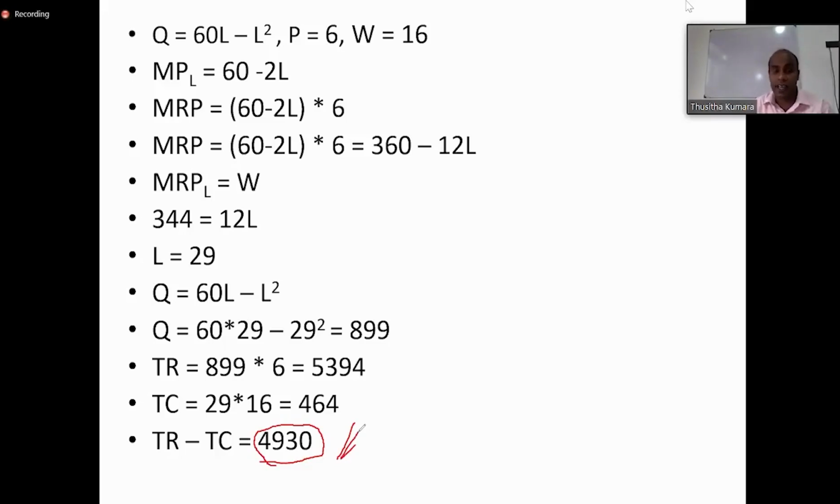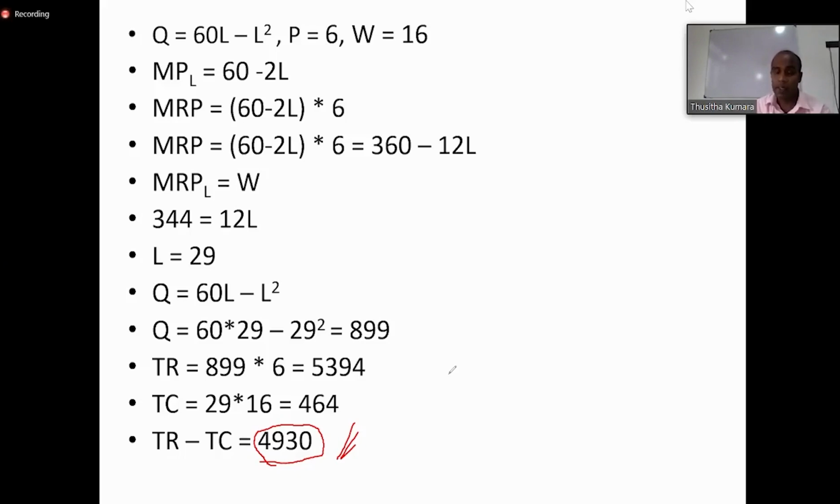So this tells that given the price, the wage rate and the production function, this firm will use 29 labor units. Using 29 labor units, this firm can produce 5,394 output units. At that time, the profit of the firm will be 4,930.